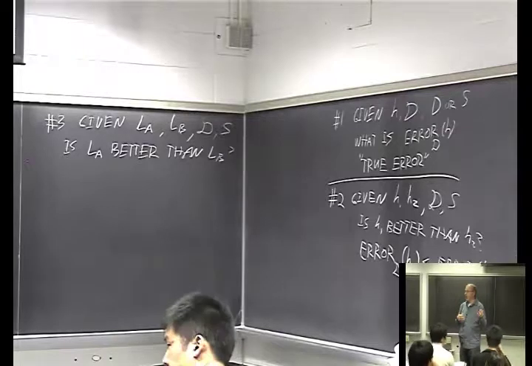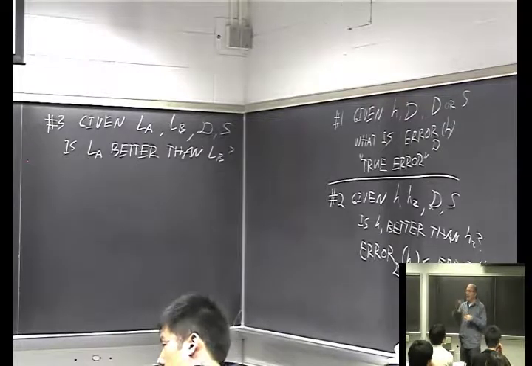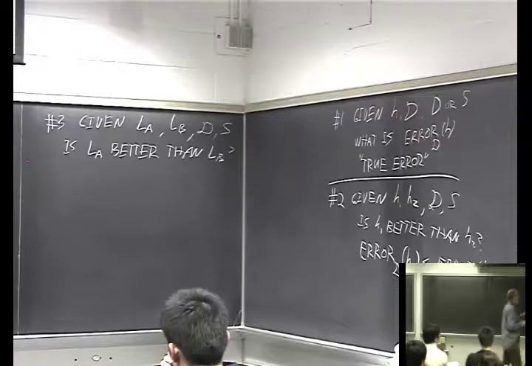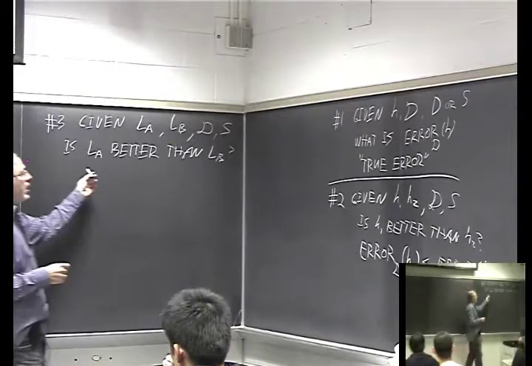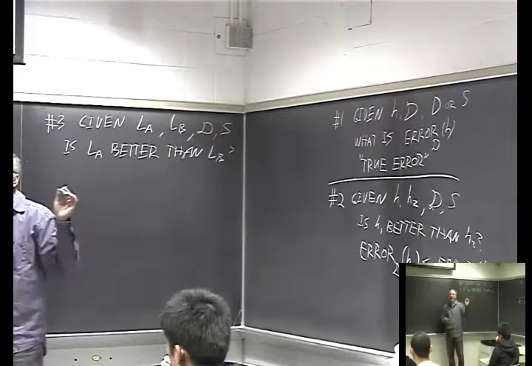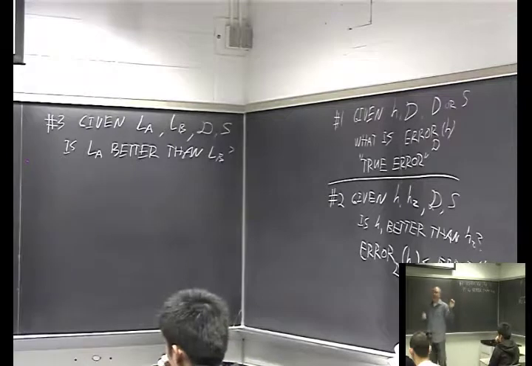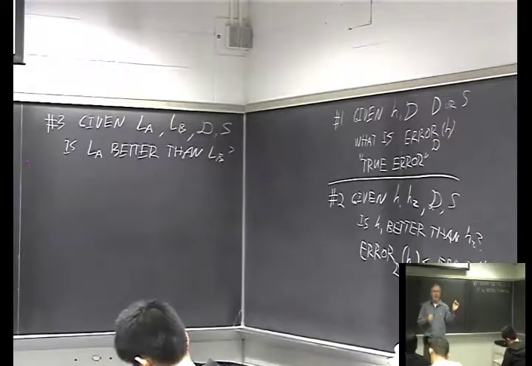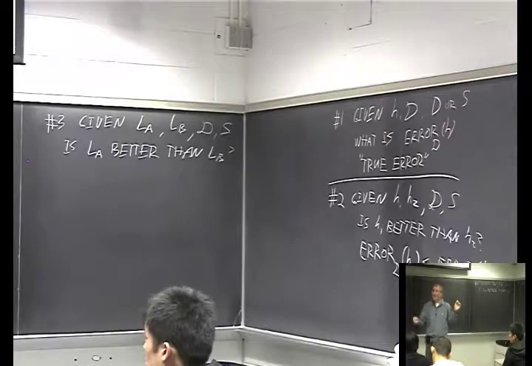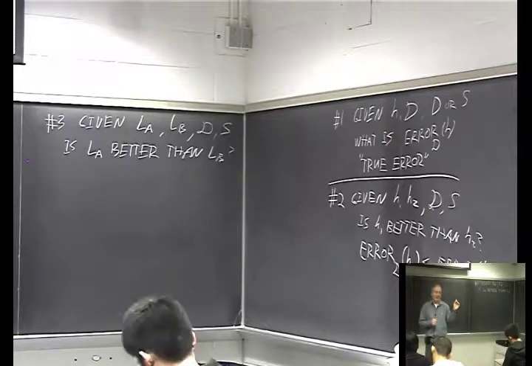Right? So what I'm trying to get you to recognize here is that there's inherent variability in going from algorithm to hypothesis and going from hypothesis to error rate. 2 different sources of variability. And what we mean by is LA better than LB is: algorithm A on average produces hypotheses that on average get lower error rate.